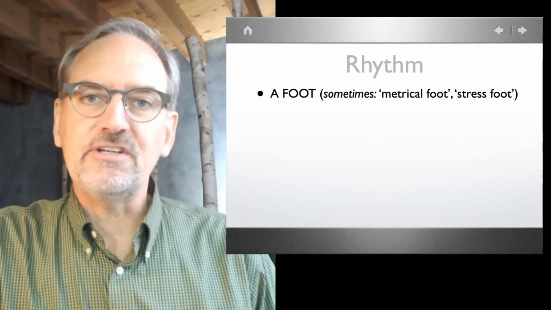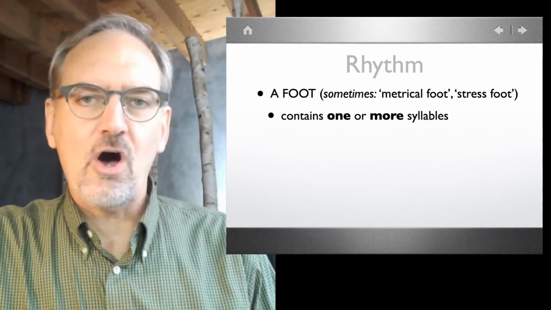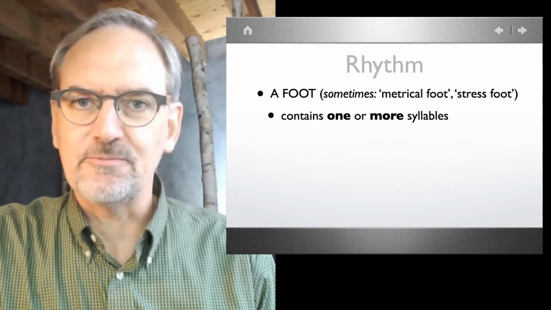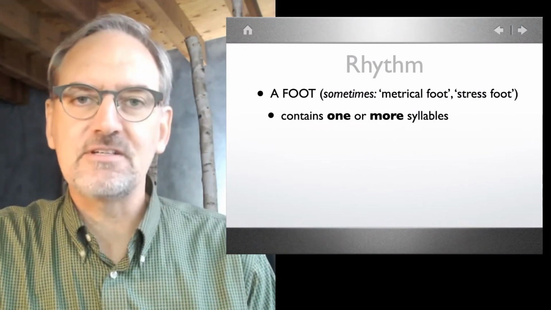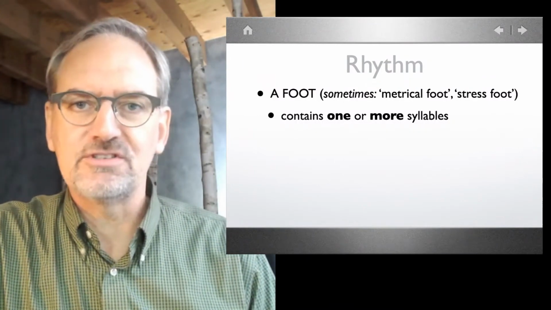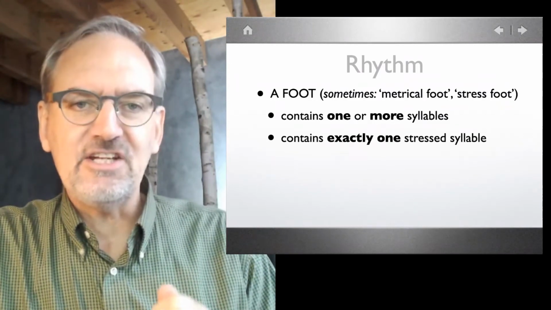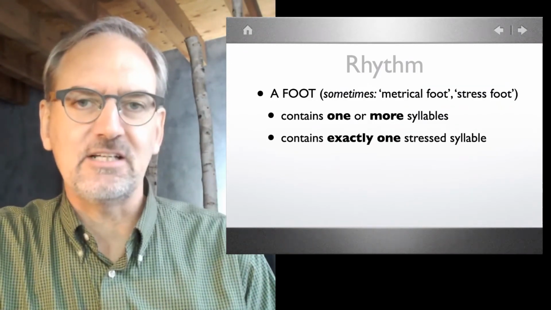Now, a foot, which is sometimes called a metrical foot or a stress foot, always contains one syllable or more than one syllable. Okay? We'll see that there are different foot types, and it simply depends on the content of those syllables. Importantly, each foot has exactly one stressed syllable.